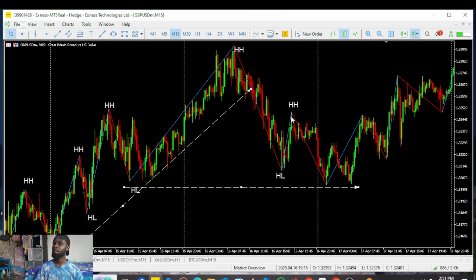Okay, since this couldn't break this one, and this pullback too couldn't break this support, the trend is still uptrend. So this major support has to be broken before the trend will turn to a downtrend. Since this one hasn't broken, the trend is still uptrend.